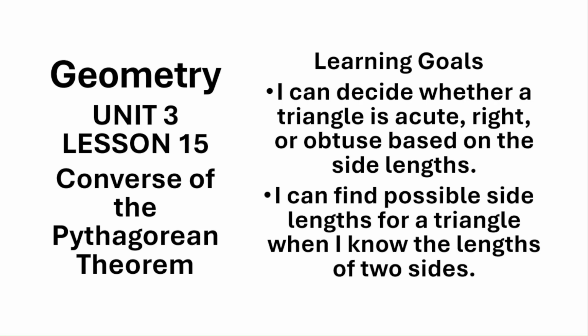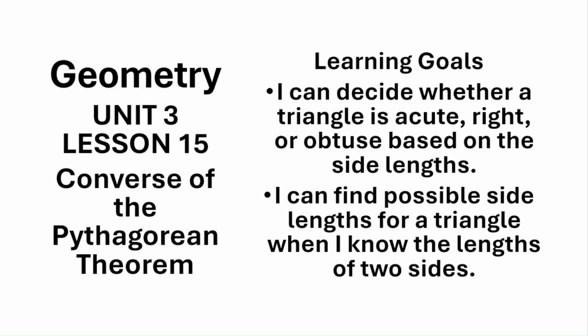If c squared is less than a squared plus b squared, then it is acute. If c squared is equal to a squared plus b squared, then it is a right triangle. And if c squared is greater than a squared plus b squared, then it is an obtuse triangle.